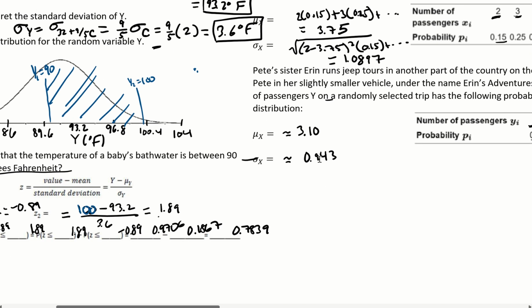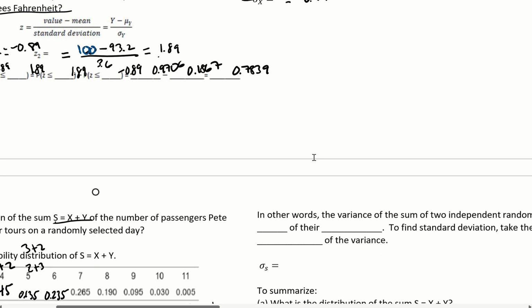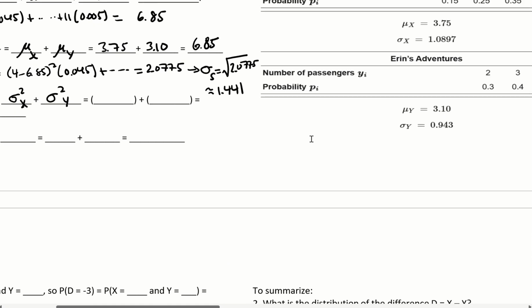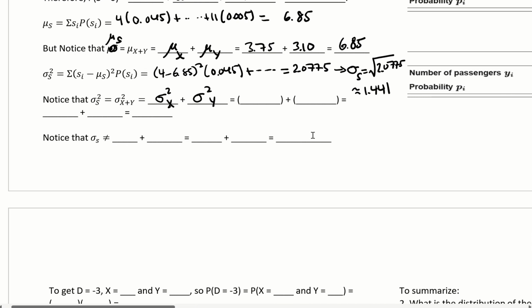Now Aaron's sigma x is 0.943. So we're going to be using those two values, all right? So notice that if we do 1.0897 squared and 0.943 squared, we get 1.1875 plus 0.89. Again, just walking you through the math, you get 2.0775. That's exactly what we got, guys, right there.